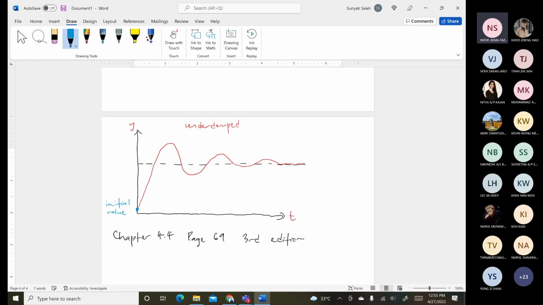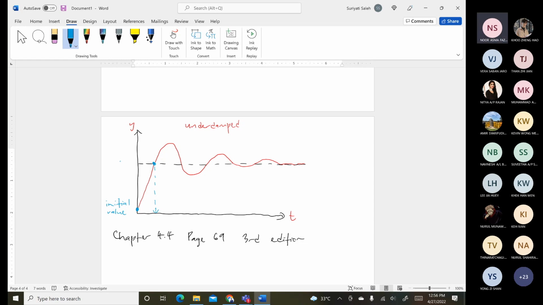Once we operate the process and get the response, it will start to increase until it reaches the dashed line here. When it reaches the dashed line, this marks the first time the process reaches the final value.